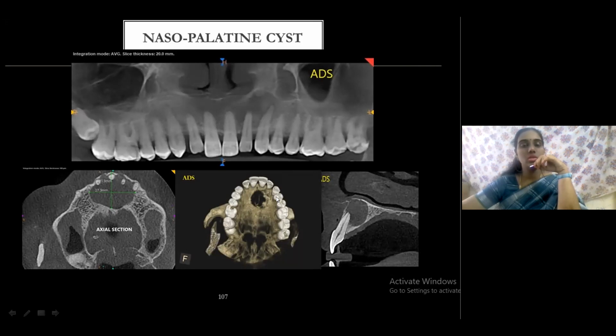It was not seen to be odontogenic, because the periodontal ligament space and the lamina dura of the maxillary anterior teeth were all very intact, and so a diagnosis of nasopalatine cyst was given. With the OPG image alone, we would not be able to make out that it is a nasopalatine cyst, because it looks like an odontogenic lesion.